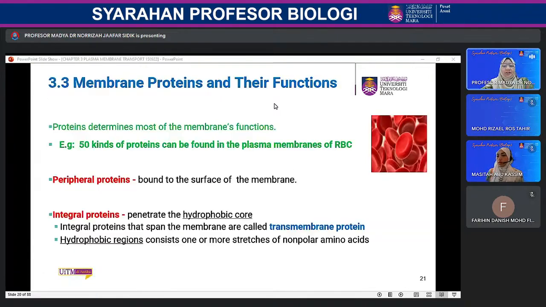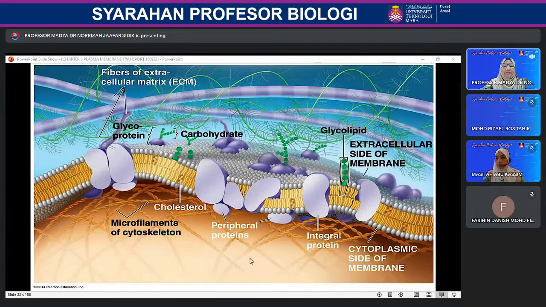You can see here there are integral proteins, and there are also peripheral proteins. The integral proteins span across the phospholipid bilayer, and the peripheral proteins are located on the surface of the phospholipid bilayer.